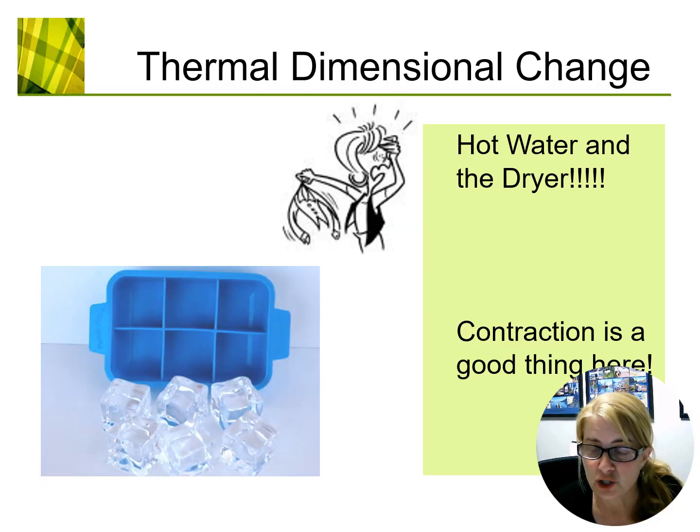Thermal dimensional change is related to heat expanding a material or cold shrinking a material. We want minimal percentage of shrinkage or expansion for accuracy. So if there's heat involved while processing, that can make a material expand. Even polishing can create some friction or heat and make a material expand.